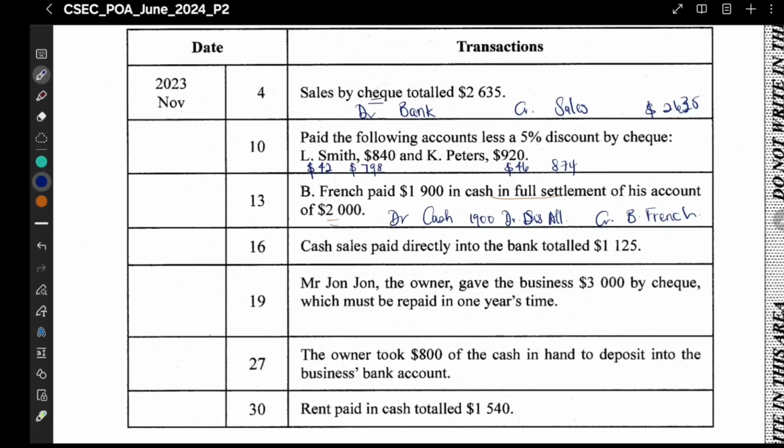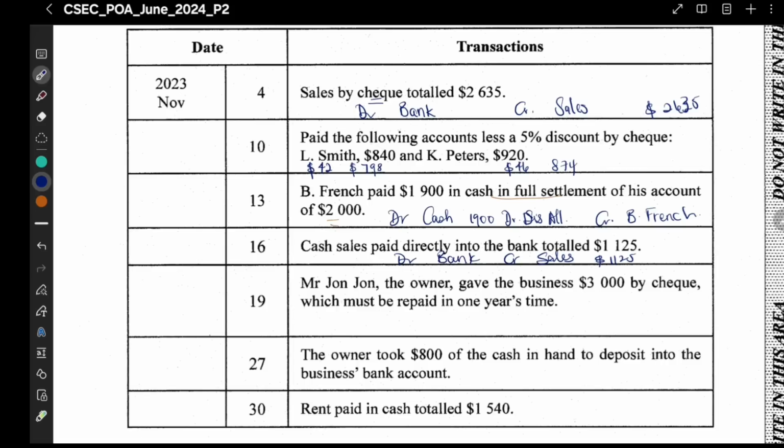Good there. Cash sales paid directly into the bank totaled $1,125. So debit bank, credit sales $1,125.